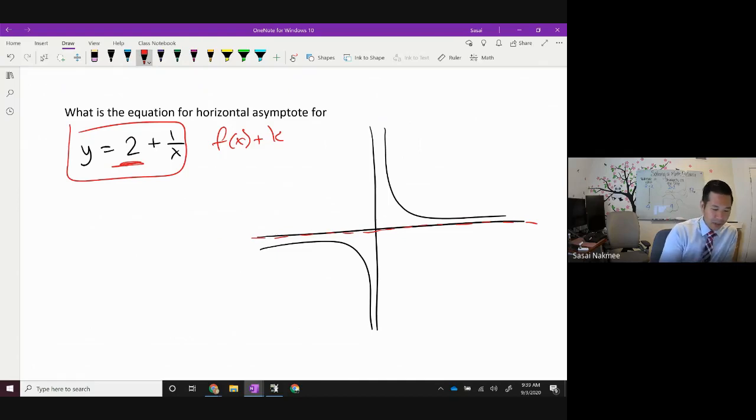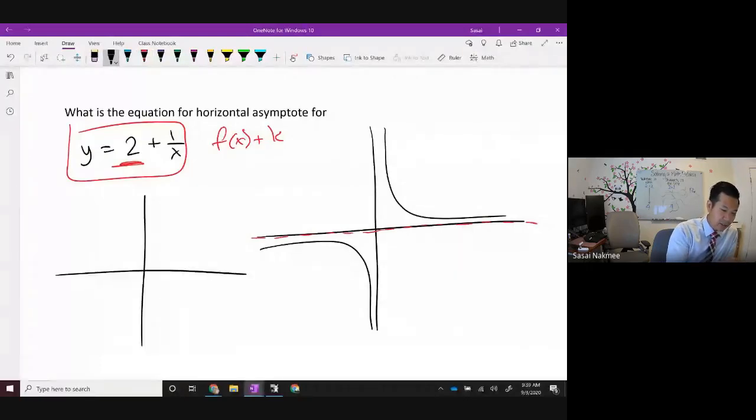What would that do to your graph? It would take the same shape and just move everything up 2. So instead of having a horizontal asymptote at y equals 0, which is the case here, it will now move up to y equals 2.